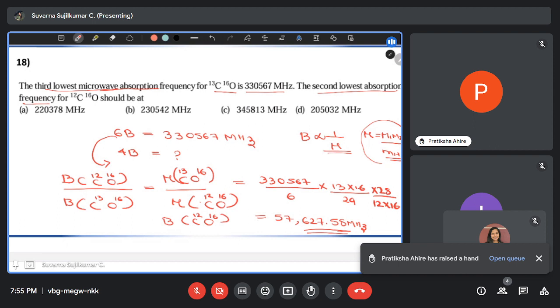Now we have to find 4B of C12 O16. How will we do that? We just multiply by 4, right? 4 into 57,627 gives 57,727.58. The final answer will be this.